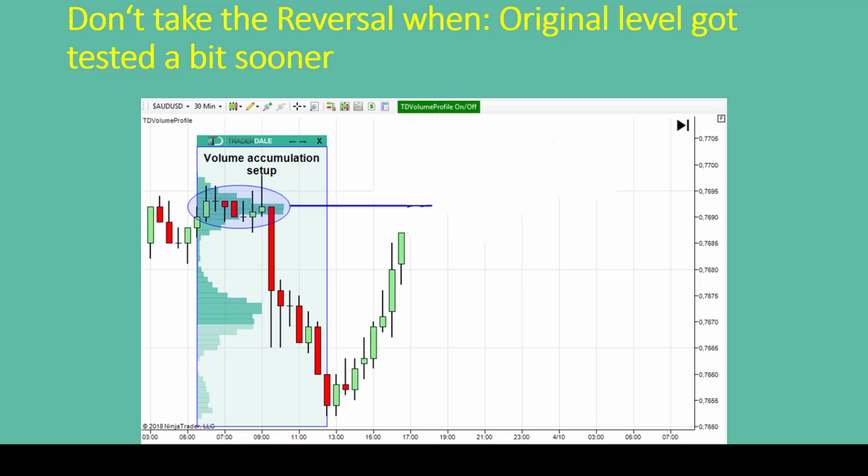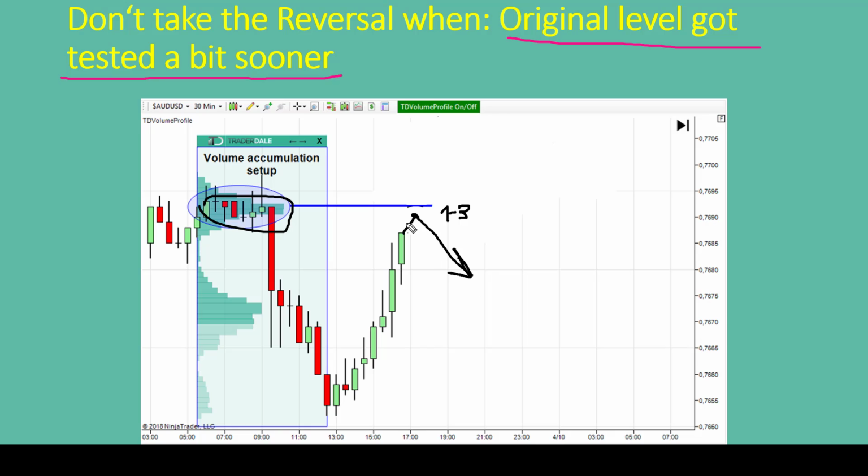Another case where you don't take the reversal is when the original level got tested a little bit sooner. What it means is that the price approached the level, but it reacted a little bit sooner, let's say 1 or 3 pips sooner, and it made a significant reaction. So you can tell that this reaction was a reaction to this level.